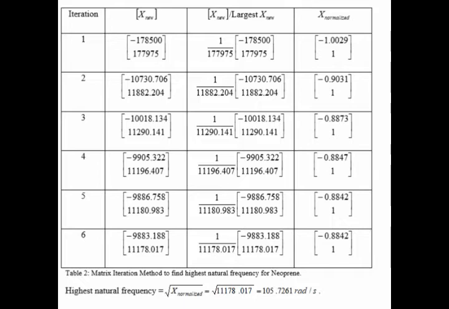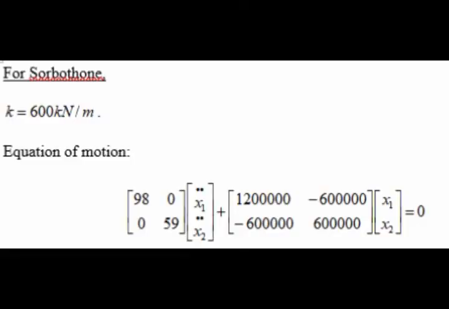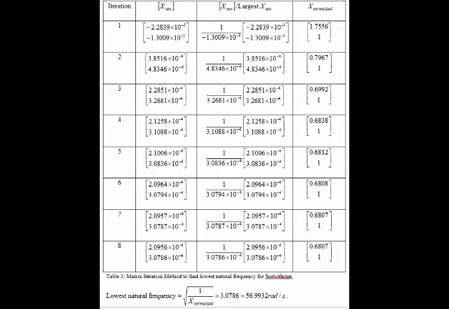The highest natural frequency for neoprene is 105.7261 radian per second. Now for Soboton, with k equal to 600 kilonewton per meter, we use the same equation of motion as before. This is the matrix iteration method we calculated for Soboton to find the lowest natural frequency.